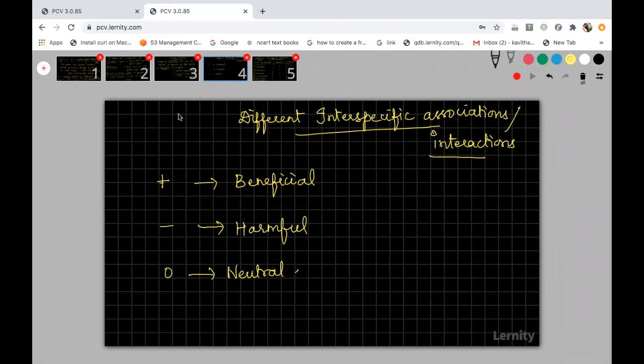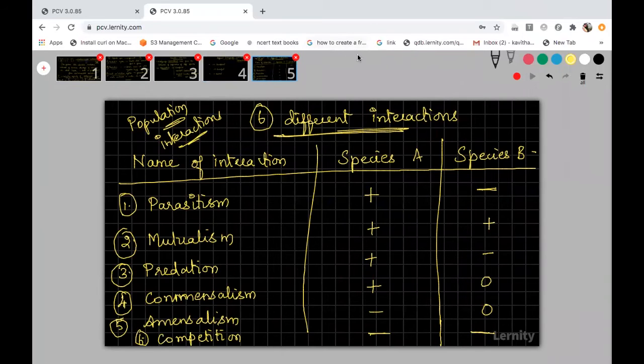Fourth one. This is the fourth one. The last one. Shall I close this window?